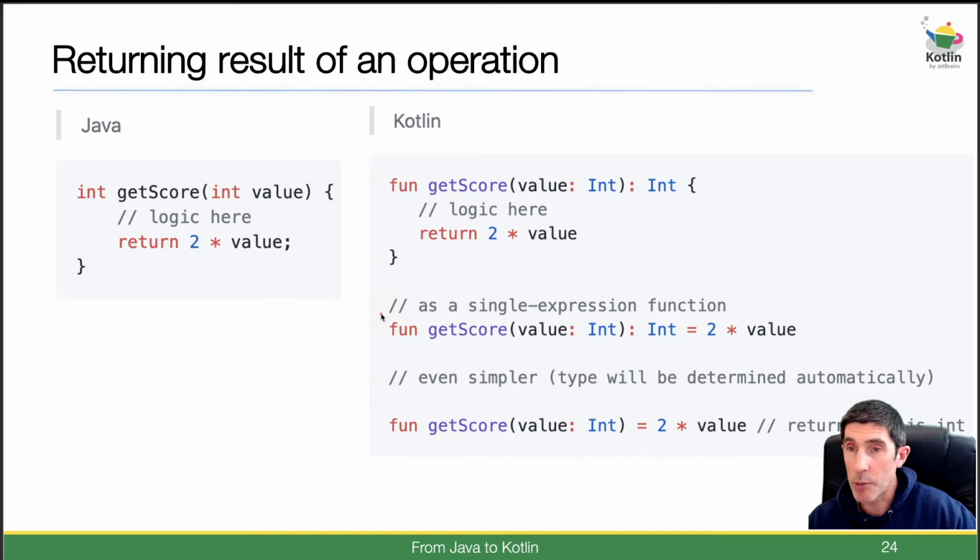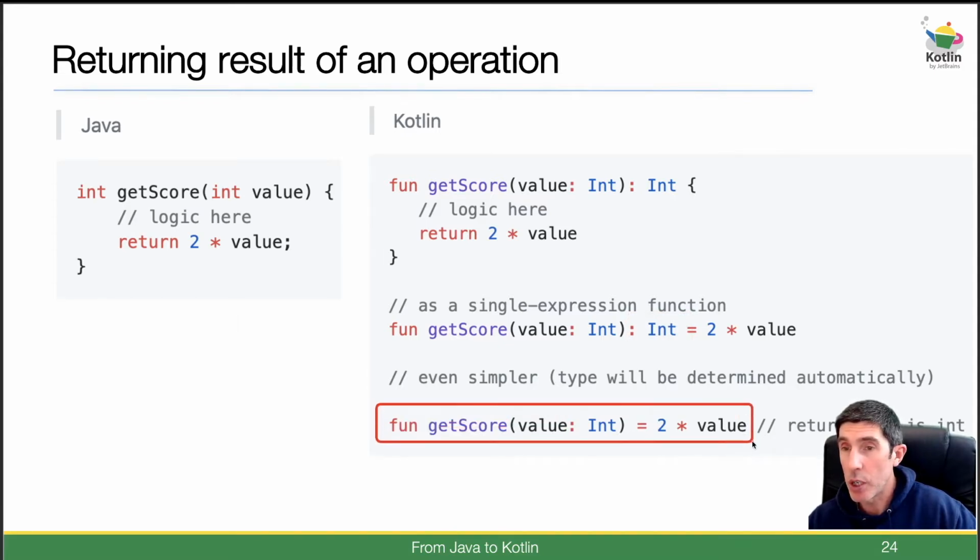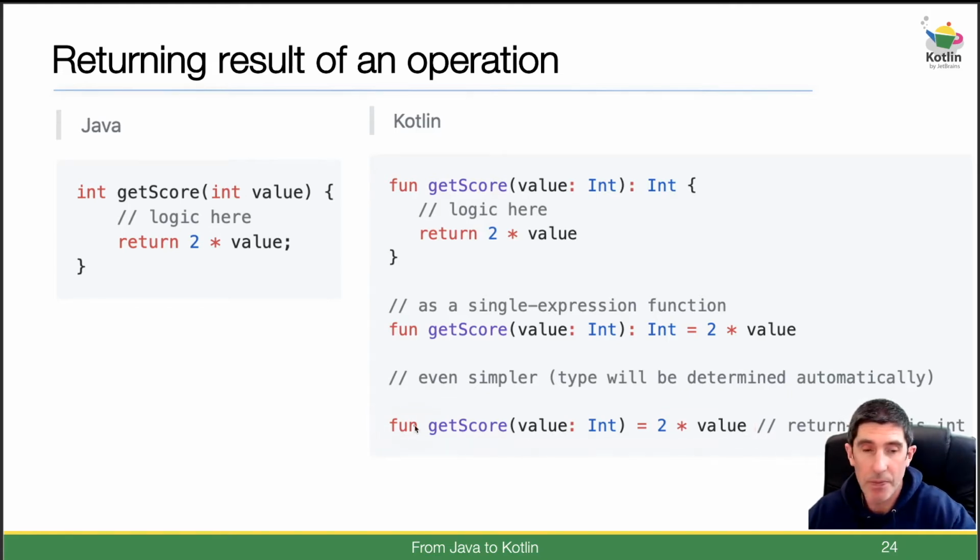But as a single expression, we can say it like so. The value gets passed in, explicitly saying that an integer is getting returned, and that's assigned then, so we can remove the return, we remove the curly brackets, and we can make it even simpler again because we don't have to explicitly identify the type, we can implicitly infer it. So you end up with this one line statement like so. Fun getScore, there's our value, is assigned 2 times the value that's passed in. So again, very nice.